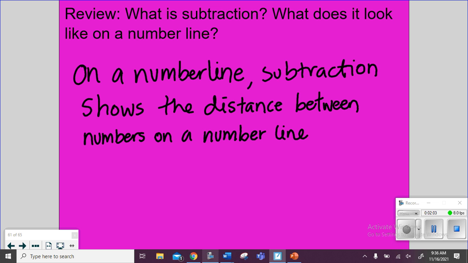The other day, Braden and I were talking about this word distance, and I told him that a lot of the time I might say distance just because to me, when I'm looking at how far away numbers are, I would say that that's a distance. However, the correct math term is not distance. It is difference.